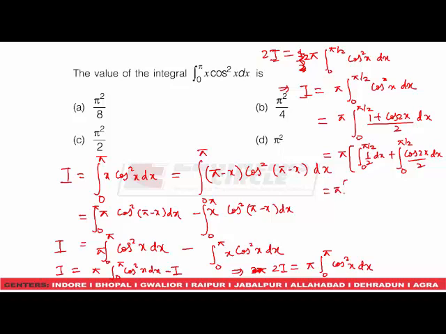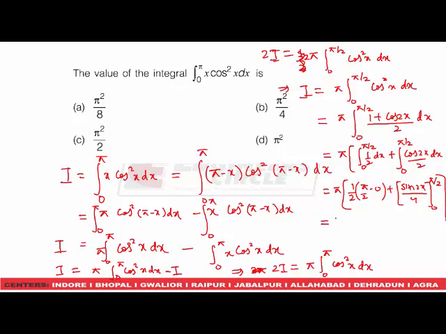Now the integral of this will be x, putting the value, so we get half into pi by 2 minus 0, plus integration of cos 2x will be sin 2x by 2, and 2 and 2 will be 4, putting the limits 0 to pi by 2.